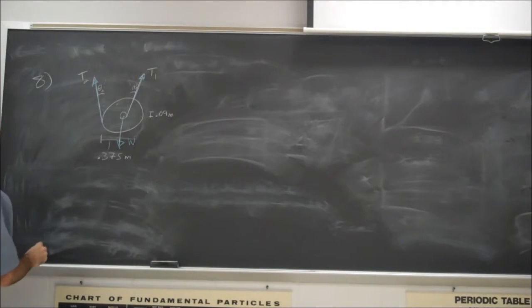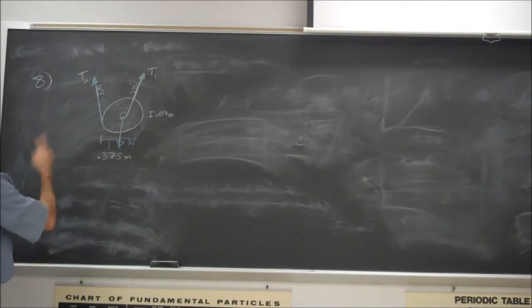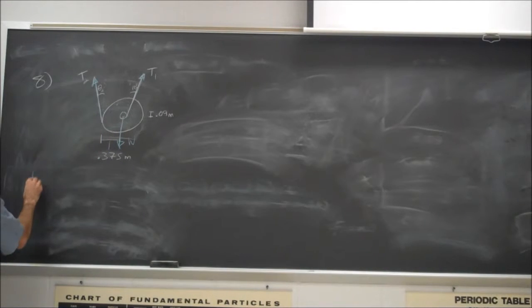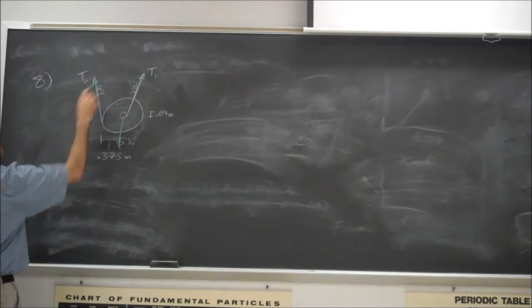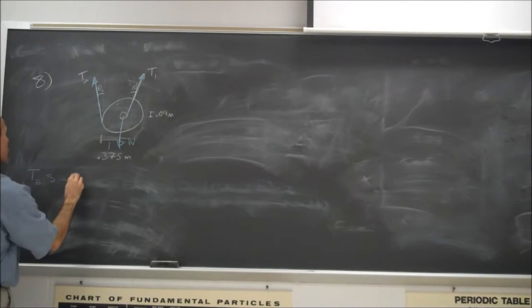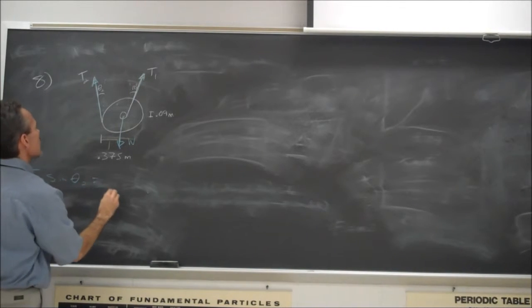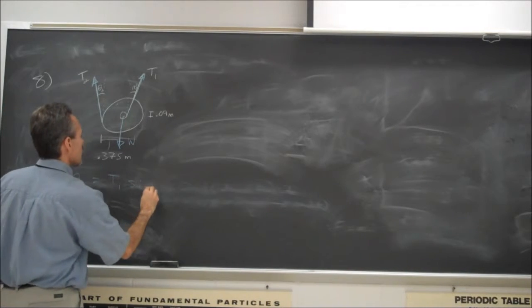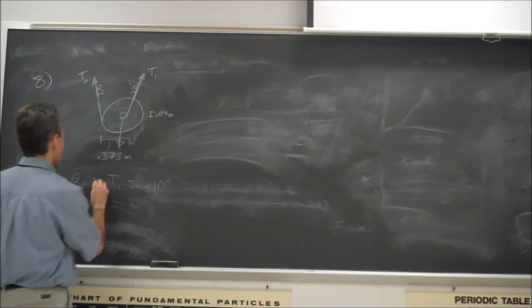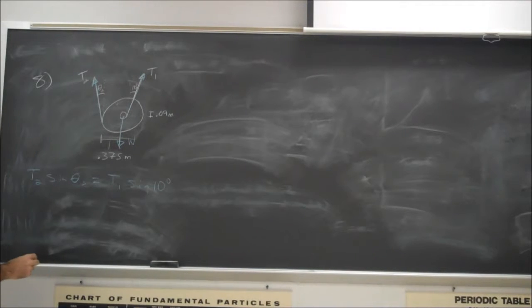So let's first look in the horizontal direction, the x direction. I know that T2 times the sine of theta 2 must be equal to T1 sine of 10 degrees. Now let's look in the y direction.